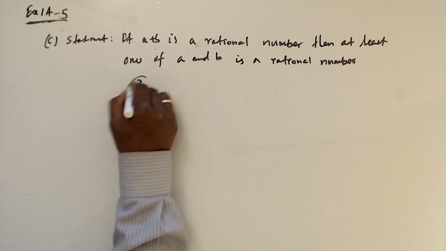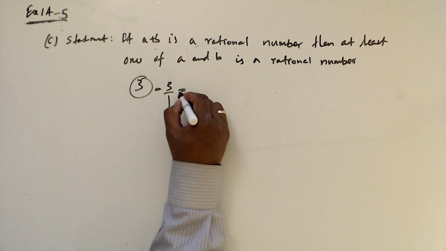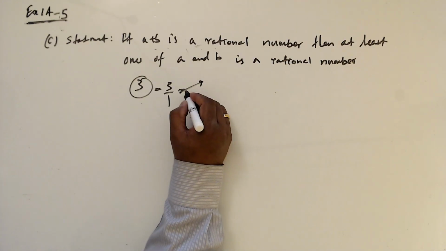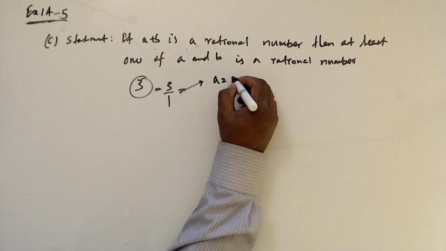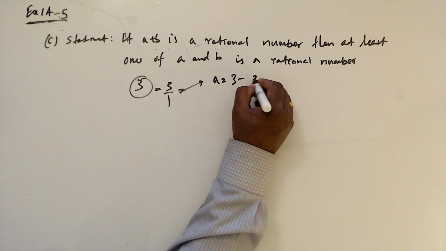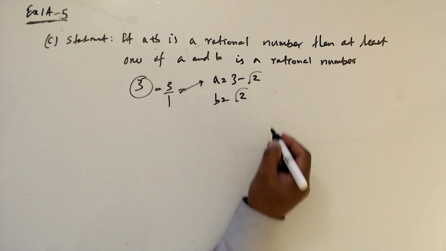3 is rational. We can write 3 equal to 3 over 1. So we can write two terms: let's say A is 3 minus square root 2 and B is square root 2.